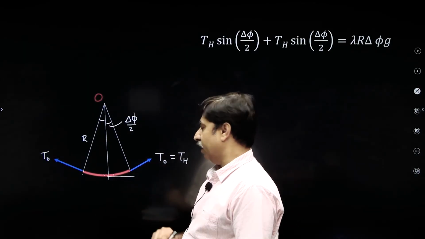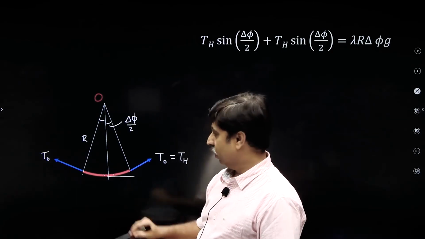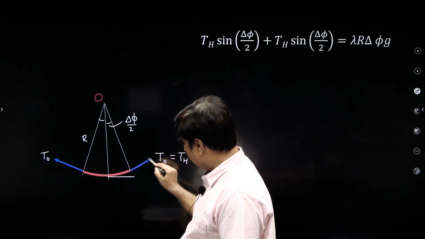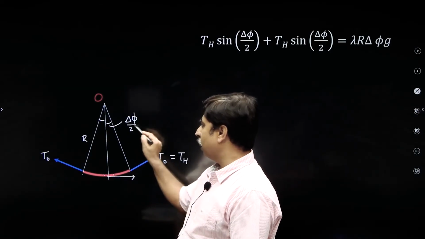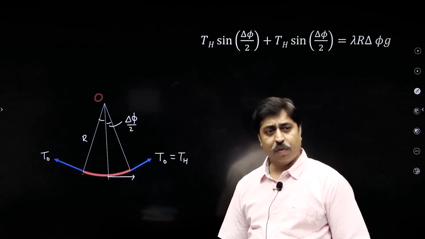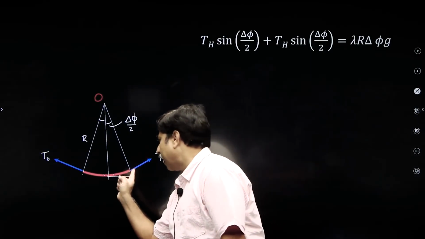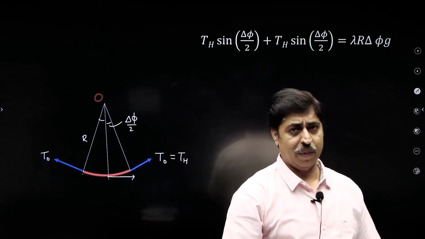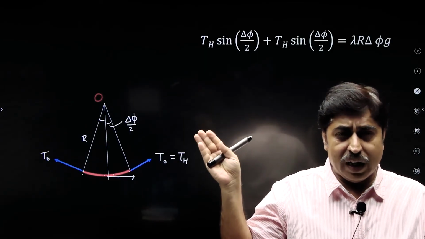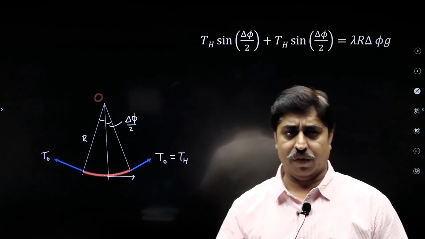If I draw a tangent here perpendicular to it, this is the blue arrow. So the angle between this blue arrow and this white arrow is nothing but delta phi by 2. So the tension force acting here and here is slightly tilted by an angle of delta phi by 2. Just think of making delta phi by 2 as small as you please.